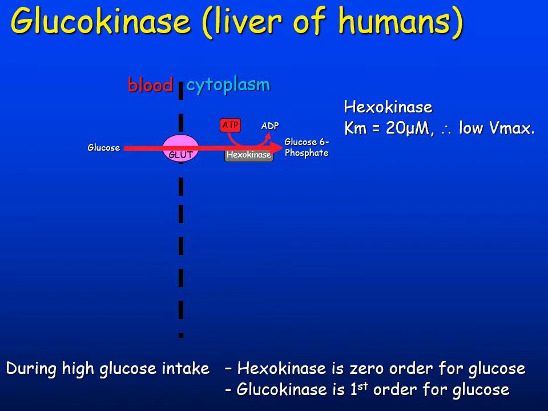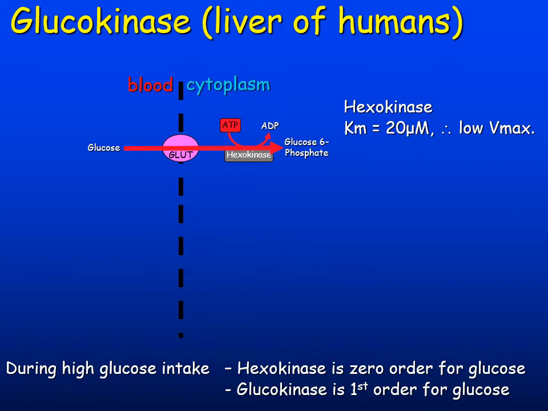Now, the enzyme which catalyzes this, which is also the very first step of glycolysis, is called hexokinase. And you can see here it's got a Km of 20 micromolar. So that's a really low concentration, and therefore this enzyme has got a massively high affinity for glucose. But just remember, low Km, low Vmax.